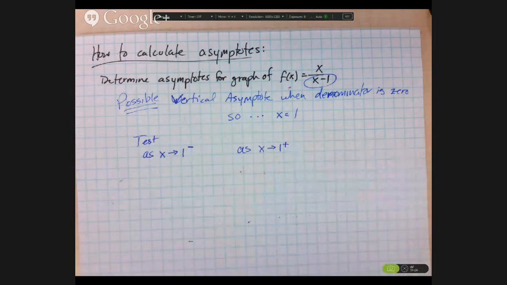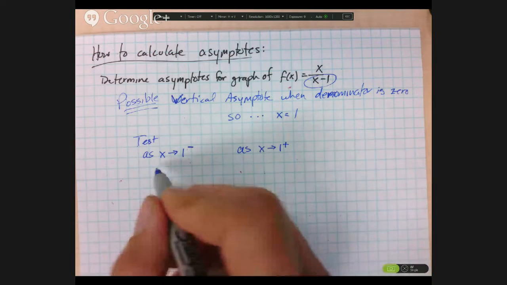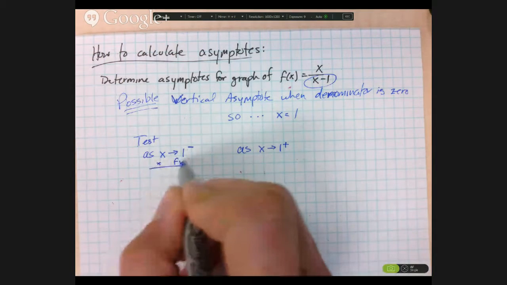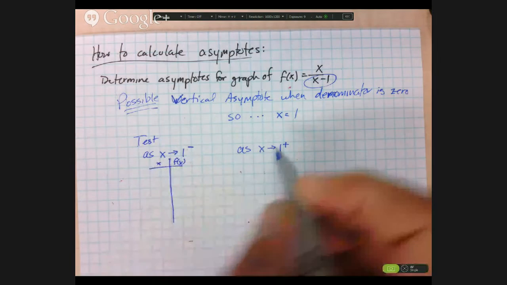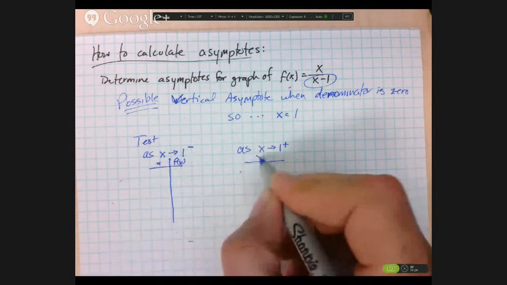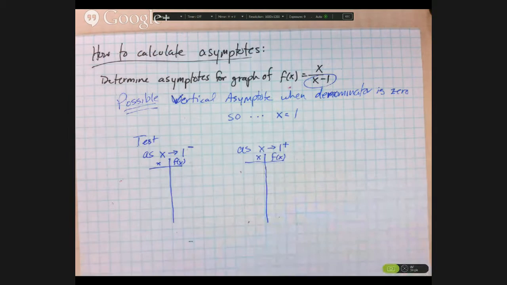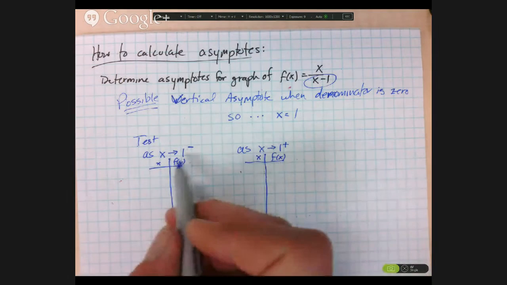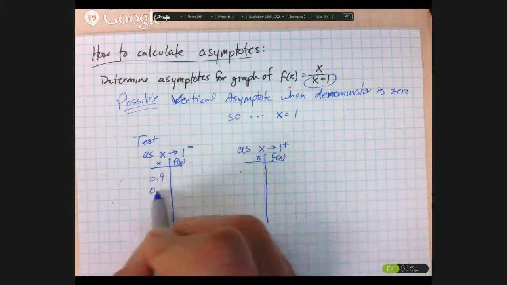It could be a hole. That's what we're testing for. It's either a hole or an asymptote. So we have to check from the left and from the right. These are what we're calculating, the limit from the left. So we have 0.9.